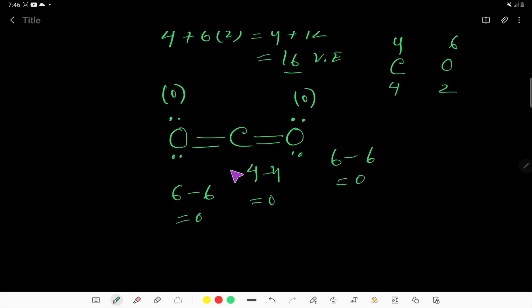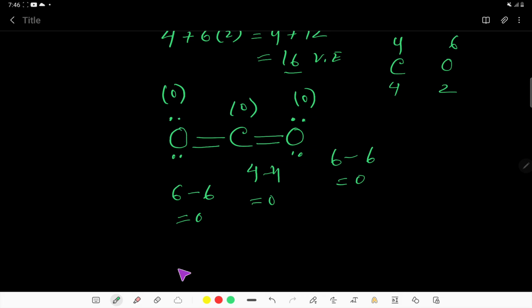So in the CO2 molecule, the formal charge of oxygen is 0, the formal charge of carbon is 0 and the formal charge of oxygen is 0. Since all the atoms in the CO2 molecule have 0 formal charge, this is the best and most stable Lewis structure.